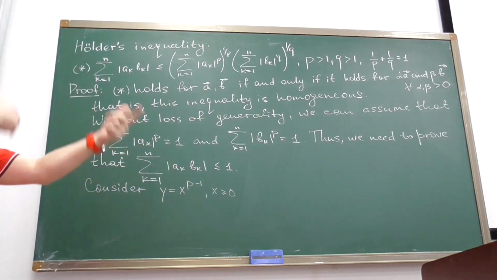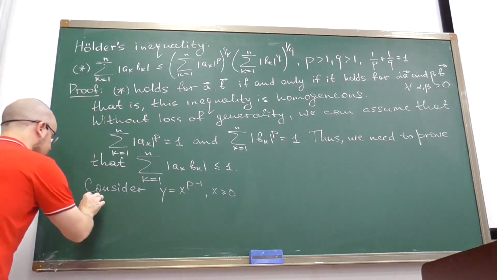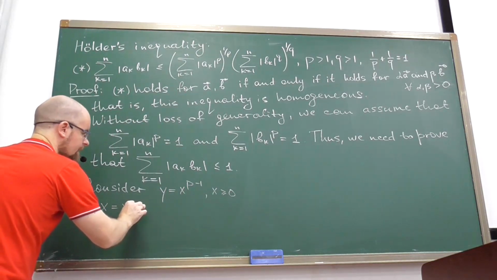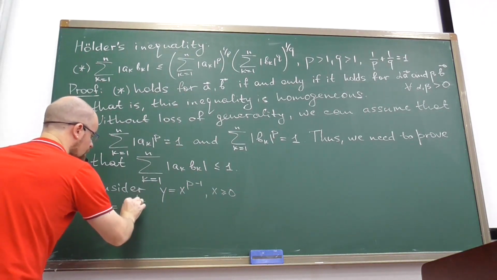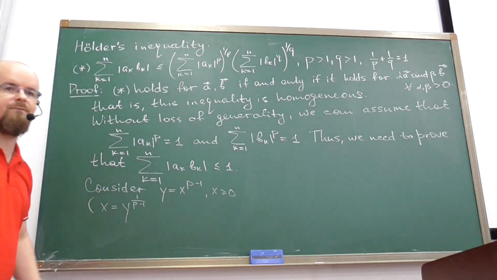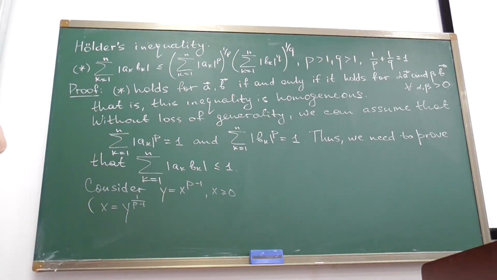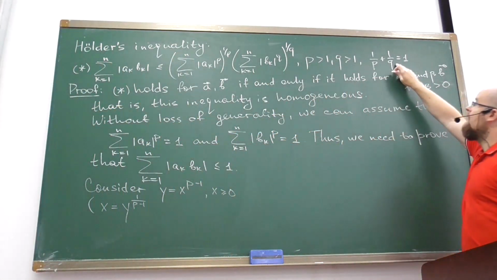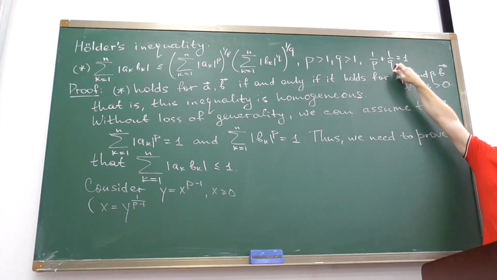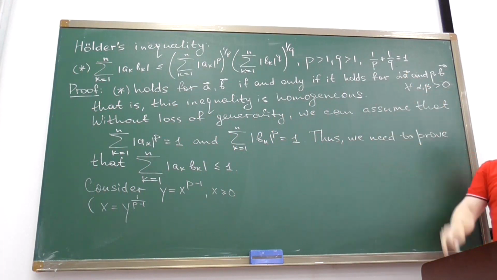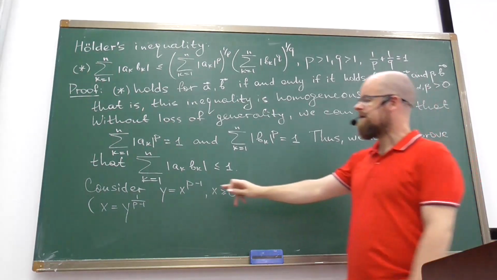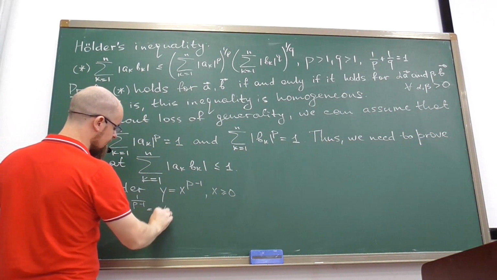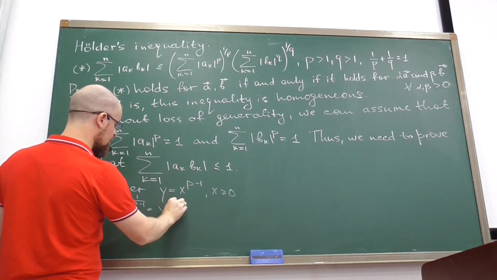Or equivalently, if we take the inverse of this function, it will be x equals y to the power of 1 over p minus 1. But having this relation between p and q, we can easily see that this index 1 over p minus 1 is nothing but q minus 1.